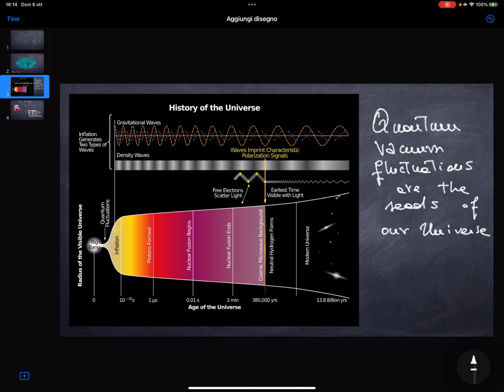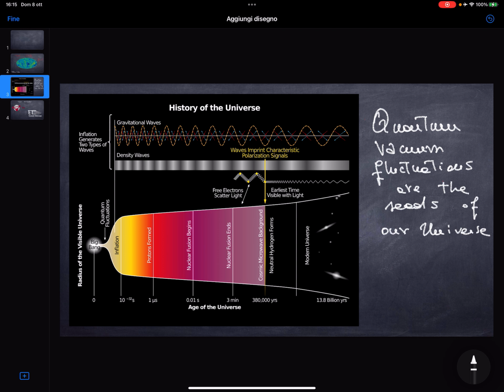The gravitational waves are very often called the smoking gun of inflation because they carry very distinct and clear information about the parameters of the functions that are involved in the inflationary mechanism.